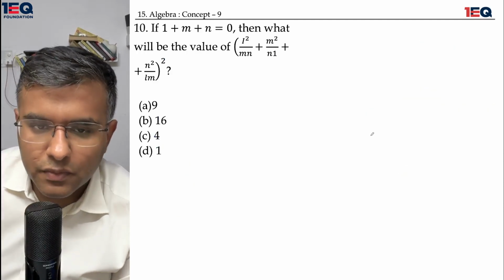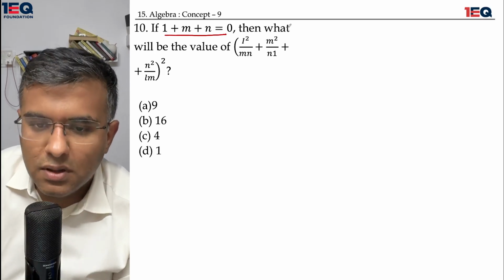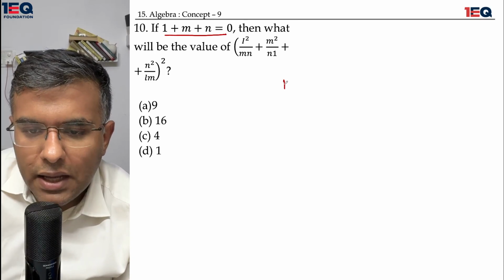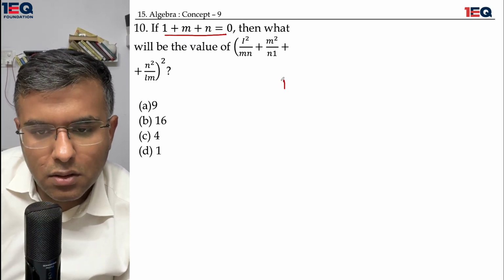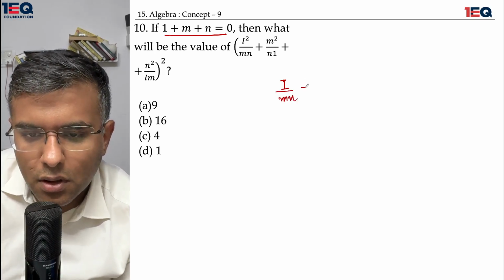Let's move on. If l plus m plus n is equal to 0, then l upon mn plus m square upon nl.